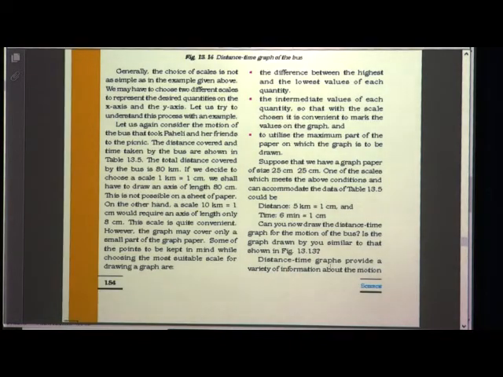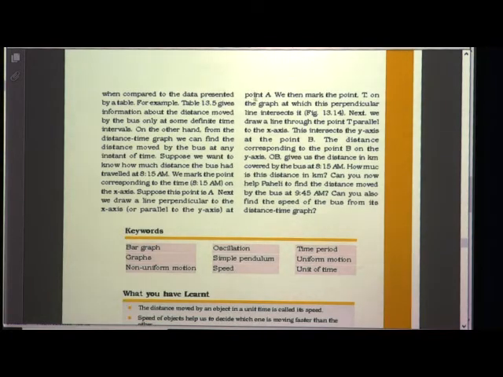Now we only discussed here that distance time graphs provide a variety of information about the motion. So, at point A, we then mark the point T on the graph at which the perpendicular line intersects it. Next we draw a line through the point T parallel to the x axis.